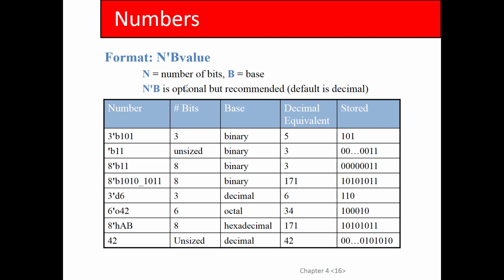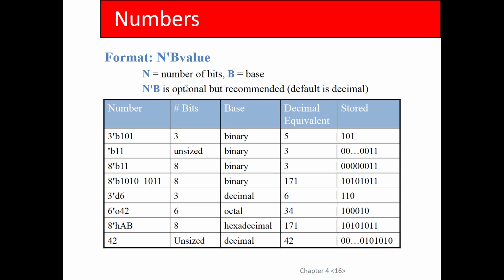Okay, this is something else that is very common in Verilog. Whenever you specify a constant, like a number, how do you want to write it down? You want to write it down as a base 10 number or a base 16 hex number or an octal number or a binary number?